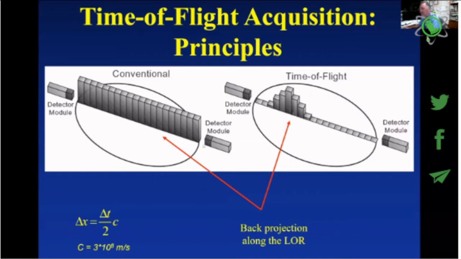So rather than it being uniformly distributed along the field of view, we can now pinpoint it more accurately because we know that these photons are traveling at the speed of light. We know this particular distance, so we should be able to pinpoint the location more accurately. This is what is known as time of flight imaging, and it's currently available from all manufacturers. As a matter of fact, most current PET-CT scanners come with time of flight imaging.